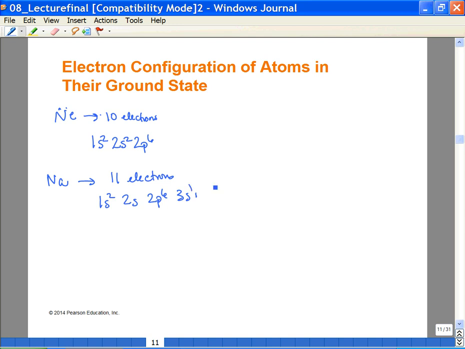But now that we know we've got a shortcut, this is equal to neon, so we can substitute it right here and just say, okay, this has all the electrons that neon has in its core, plus 3s1.